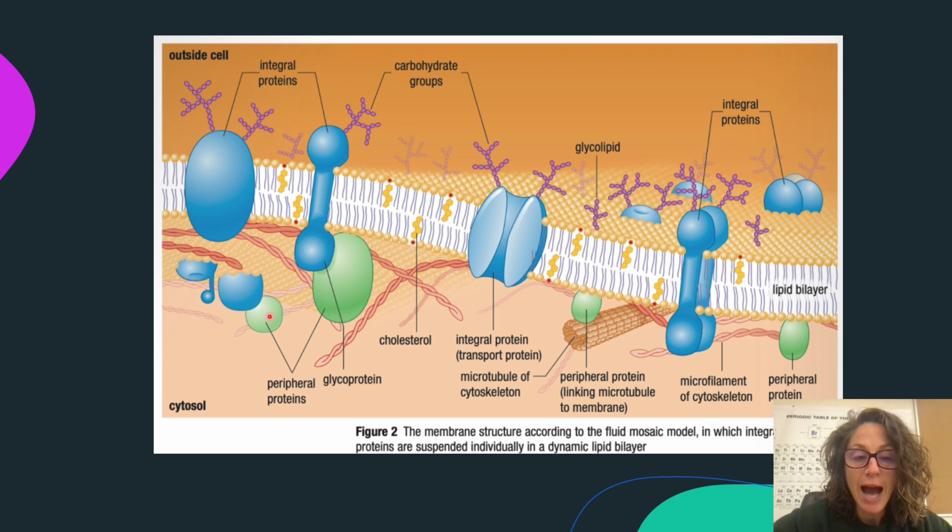These ones are attached to the inside or the outside. Usually it's the inside of the membrane, but they're not going through the membrane. So they're completely hydrophilic. And again, they have a specific function. And then we have things that, like carbohydrates, for example, they're attached to membrane proteins.